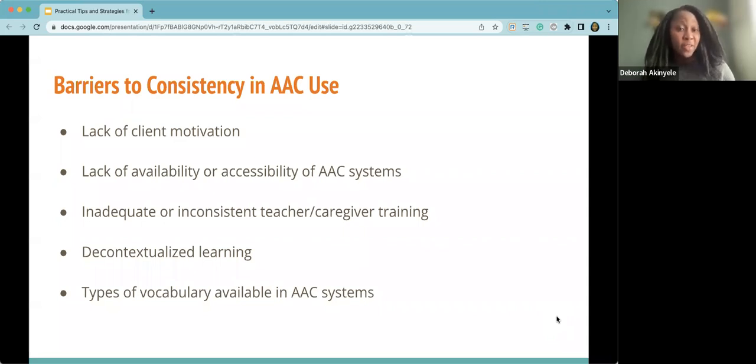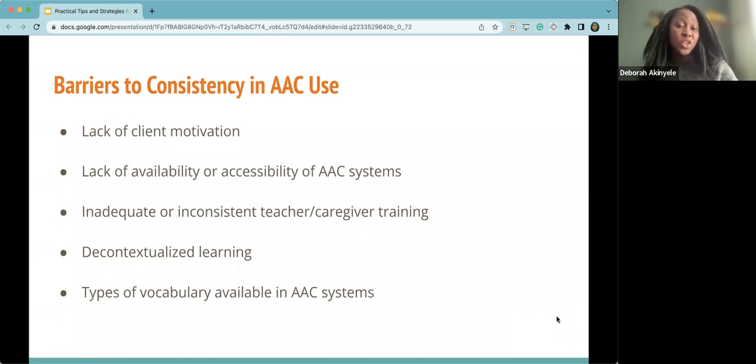In many cases, we have opportunities to share that information with teachers and caregivers and other communication partners. However, the time that we have to spend face-to-face with the clients and or with the teachers and caregivers doesn't always match their need to be able to understand how to implement the systems and how to consistently carry those strategies over into daily activities.